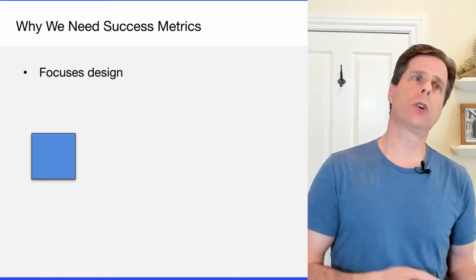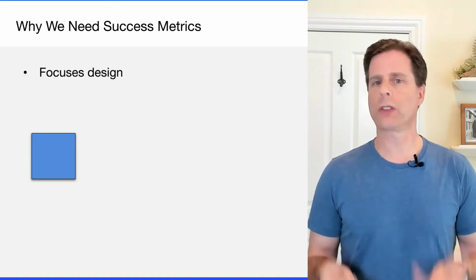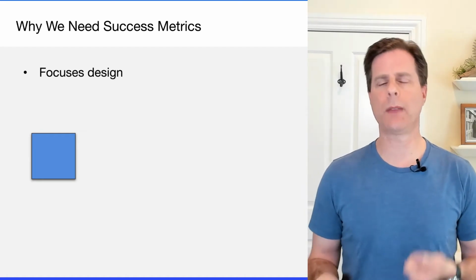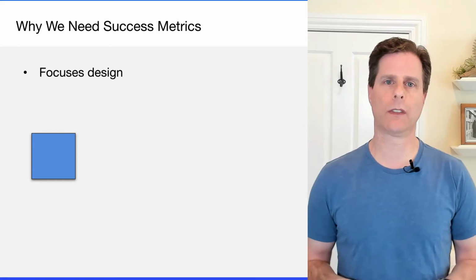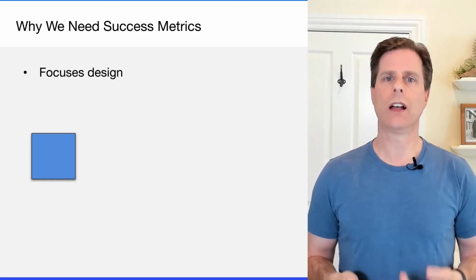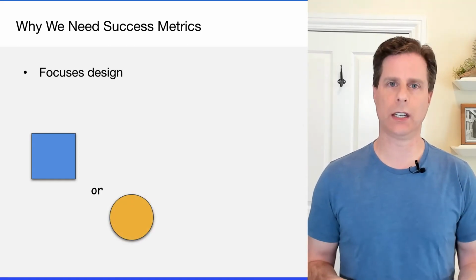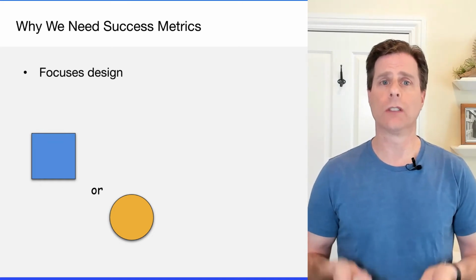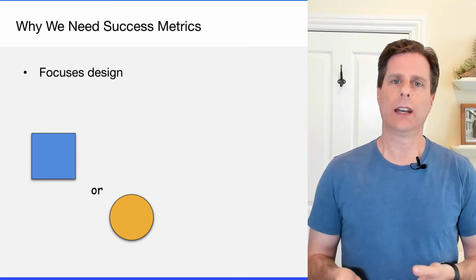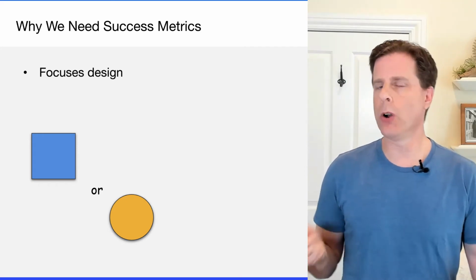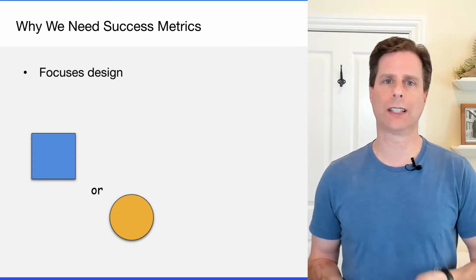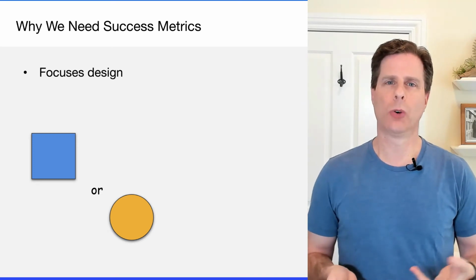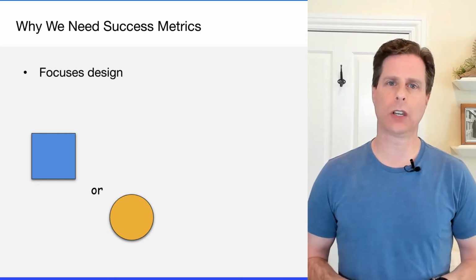But if our metric was the 4th week retention of a user, then maybe what we do instead is focus on just the 2 or 3 features that are most correlated with that kind of retention and would move that metric. And you can see that if we were to look at both metrics, the number of features you're using and 4th week retention, well, which one of these designs do we go with?